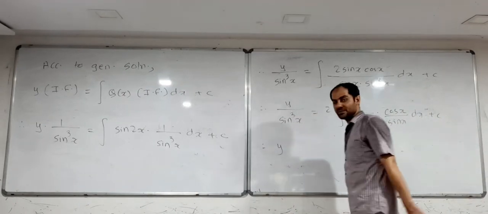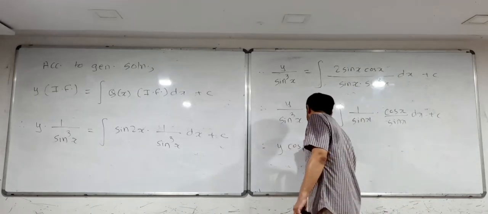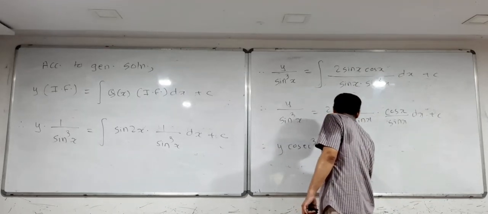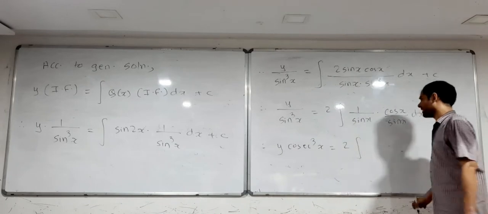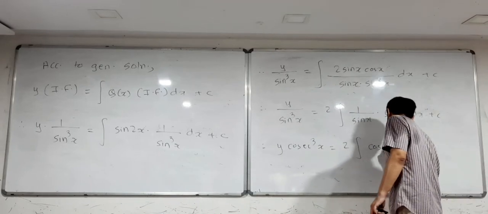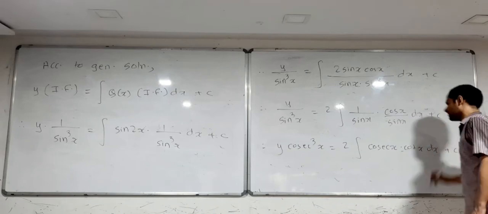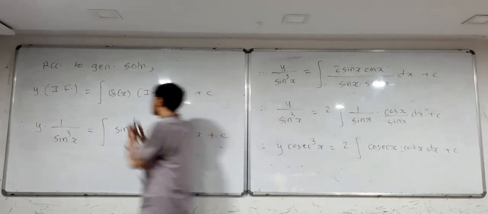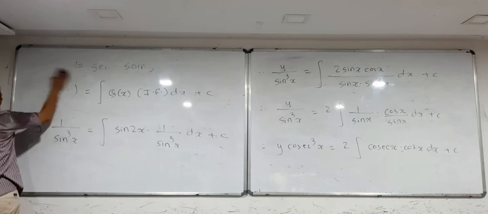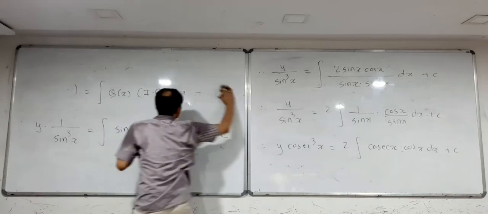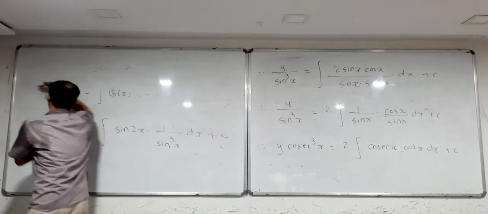y into what is 1 upon sin cube x, cosec cube x, so y into cosec cube x is equal to 2 times integration of 1 upon sin x is cosec x into cot x dx plus c. What is integration of cosec x into cot x? Like integration of sec x tan x is sec x, integration of cosec x cot x is minus cosec x.